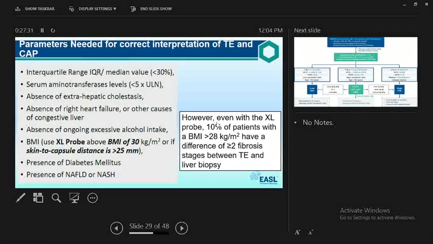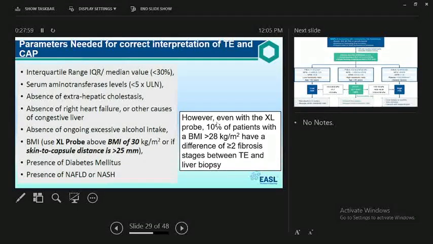When you interpret the transient elastography, you should remember what the serum aminotransferase levels are. If they are more than 5 times the upper limit of normal, there should be ongoing liver inflammation. Once inflammation is there, the liver is stiff anyway. So when you interpret the report, you should always correlate it with the liver function test.